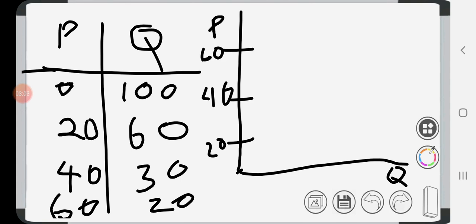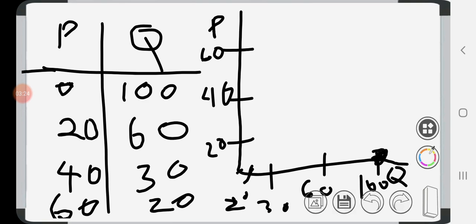Now, on the corresponding sides, we have quantity at 100, at 60, at 30, and somewhere there's 20, right? When the price was 0, you consumed 100, so you were right on the dot on these axes.